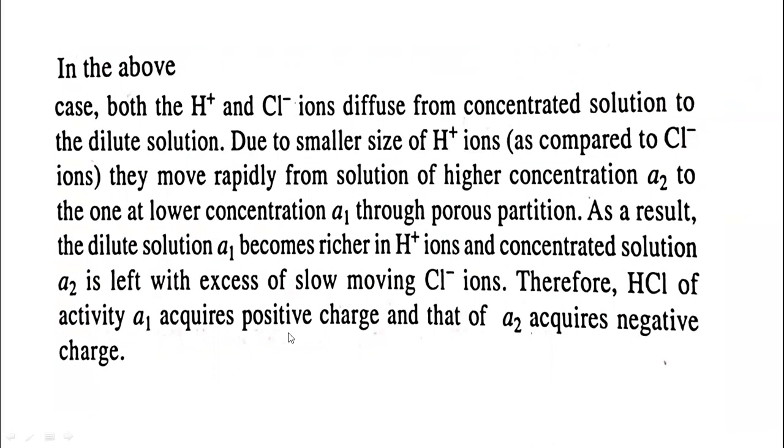So the dilute compartment acquires a positive charge and the concentrated compartment acquires a negative charge. As a result, the dilute solution becomes richer in hydrogen ions, meaning there are a greater number of hydrogen ions in the dilute compartment, and concentrated solution A2 is left with an excess of slow-moving chloride ions. So a greater number of negative ions are there.